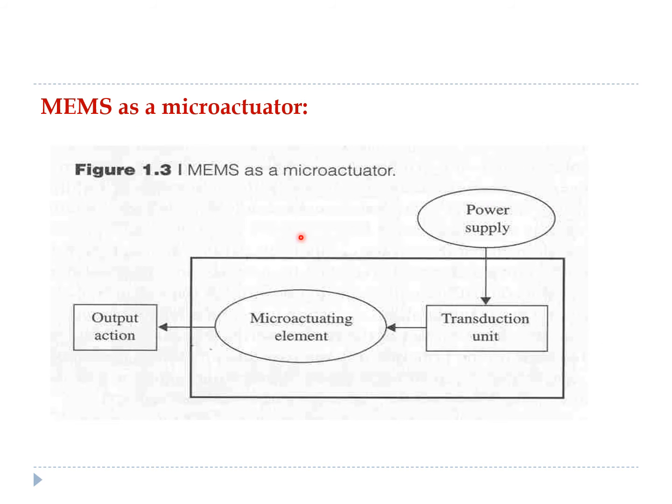Now, how does this MEMS act as a micro actuator? For actuation, we have the same transduction element, here an actuating element, and the output action. So here we need to actuate some product with the help of the input signal.